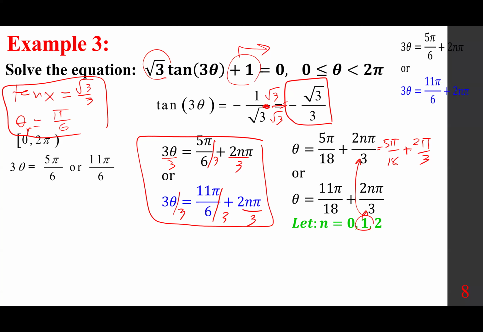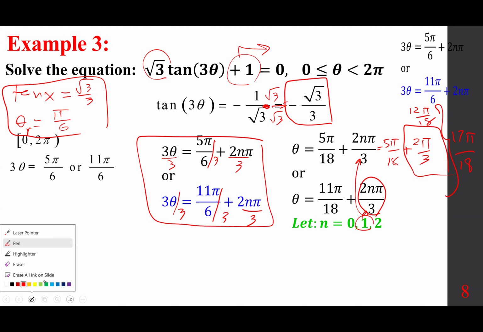The denominator must be 18, so multiply the top and the bottom by 6, 12 pi over 18. 12 and 5, 17 pi over 18.